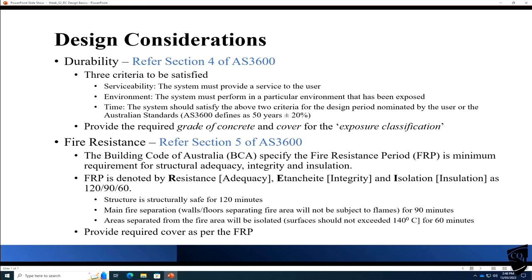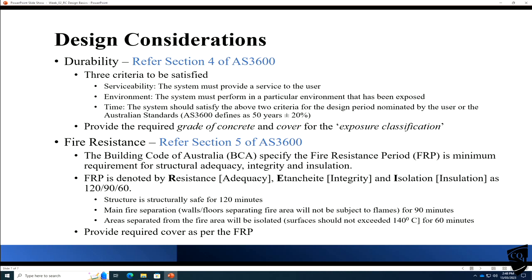The BCA code, Building Code of Australia, will tell us the minimum FRP, fire resistance period, for different structures. It depends on the usage, whether it's a commercial building, a public building, normal houses or normal apartments.